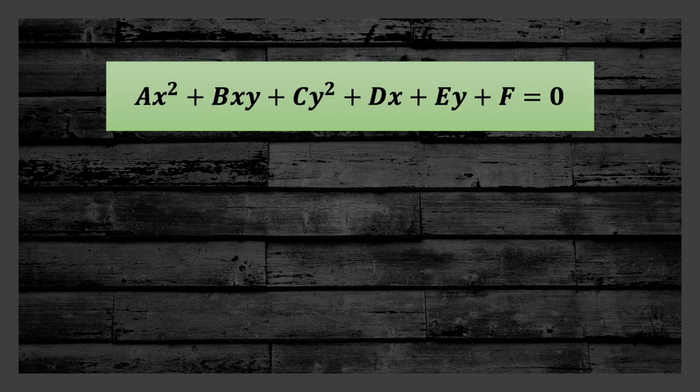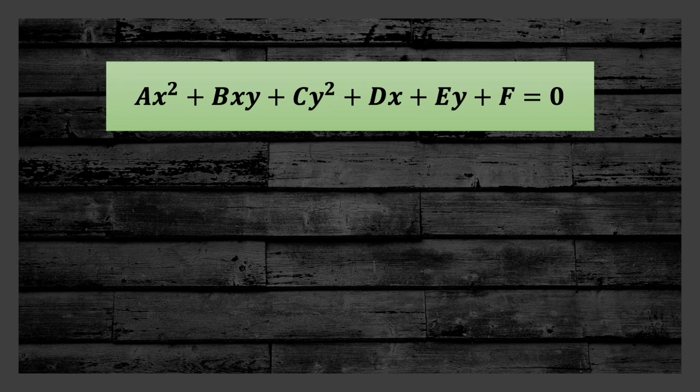We have learned that conic sections were described by the general equation ax squared plus bx plus cy squared plus dx plus ey plus f equals 0.